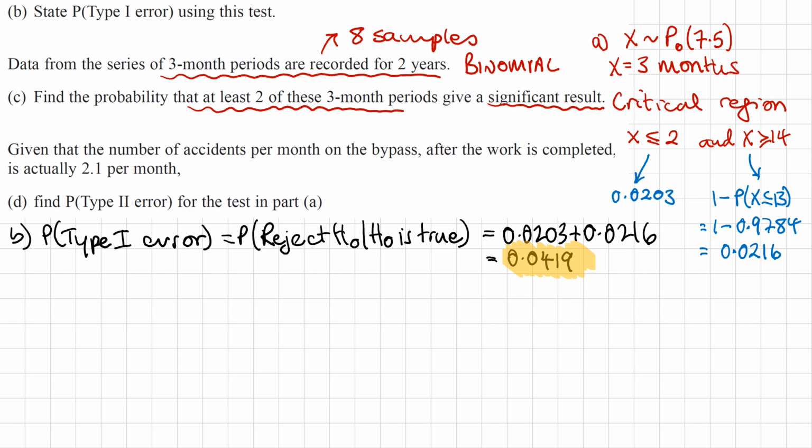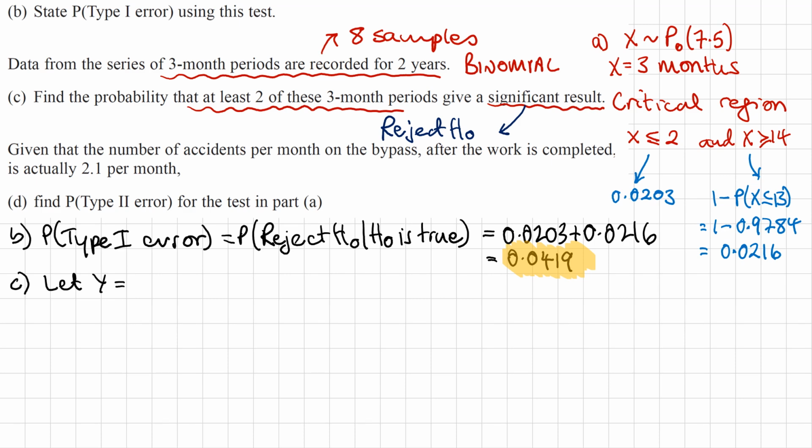Now what does that mean? A significant result is what we get when we reject H0. One of the wordings you can use when you talk about accepting or rejecting H0 is talking about how something is significant or not significant. So the first thing I'm going to do is to define my random variable. You don't need to do this, it's optional.